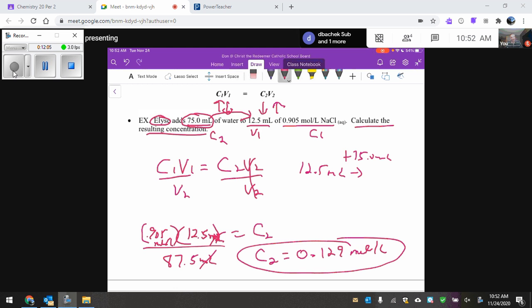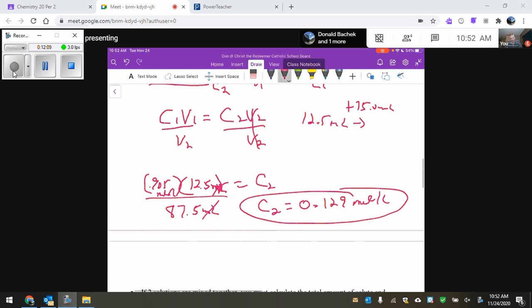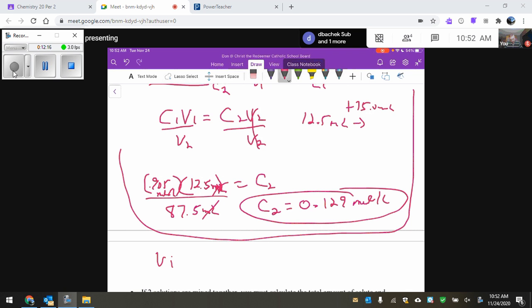Now, most of these questions are not like this. Most of the questions will say the initial volume, V1, is 25 milliliters, and the final volume, V2, is 125 milliliters.